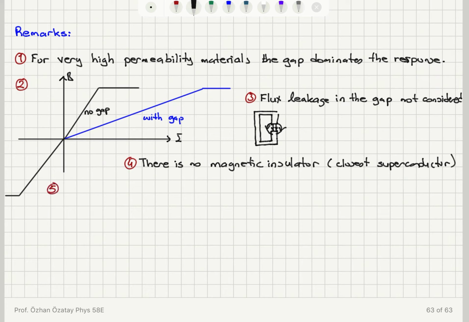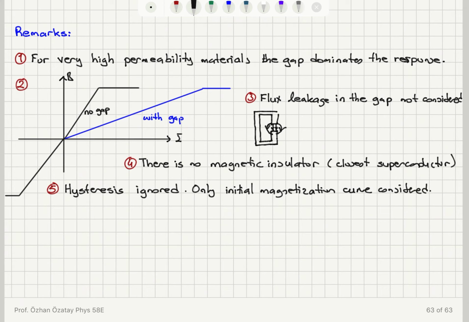And number 5, hysteresis. Hysteretic effects are ignored. Only the initial magnetization curve is considered.